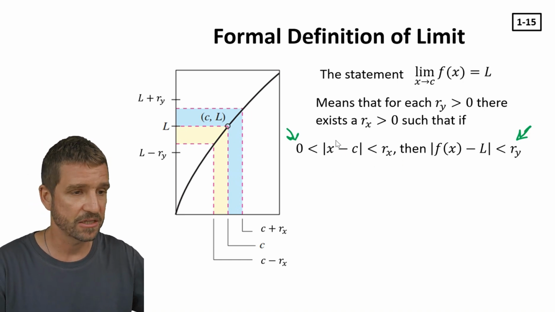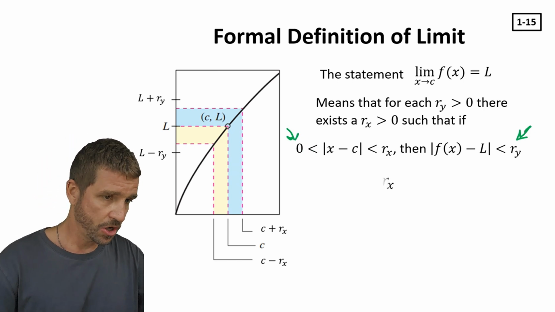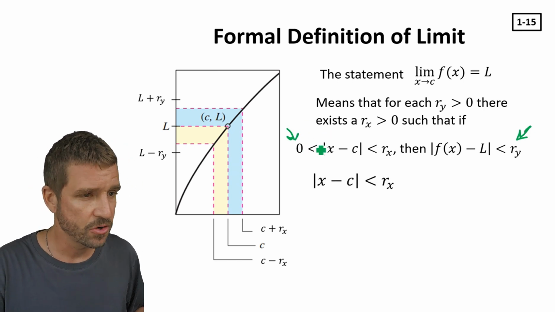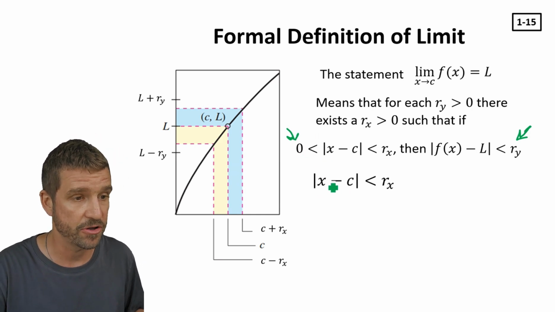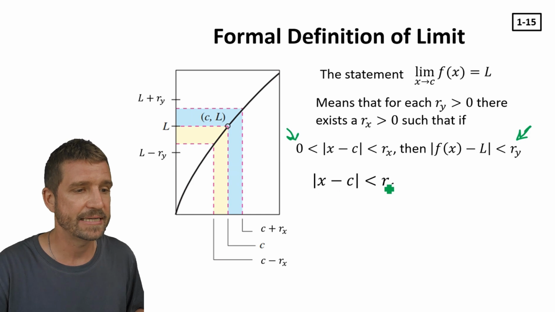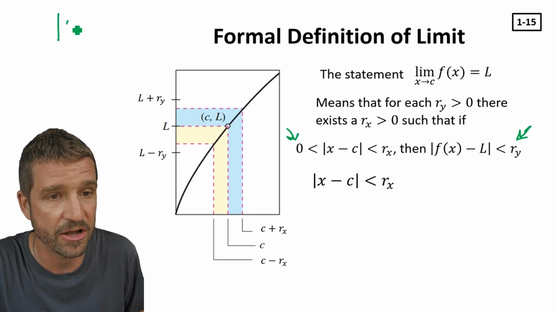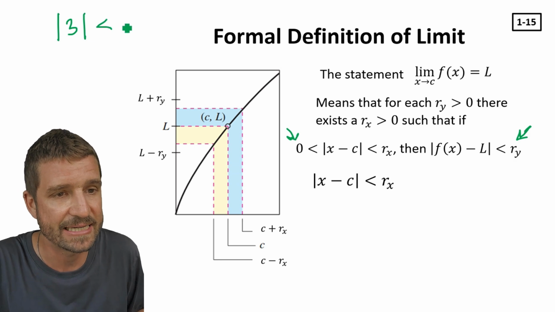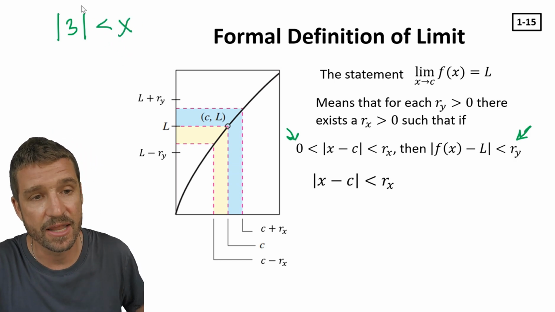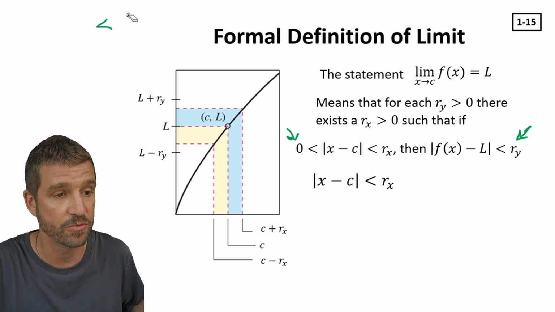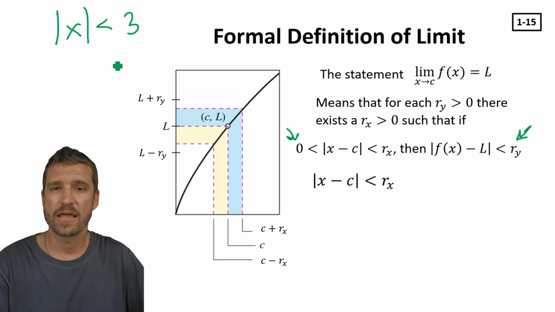All right, so let me explain this a little more. Let's ignore the 0 for just a moment. Let's just talk about the absolute value of x minus c less than r sub x. So remember, what if I say the absolute value of x is less than 3, right?